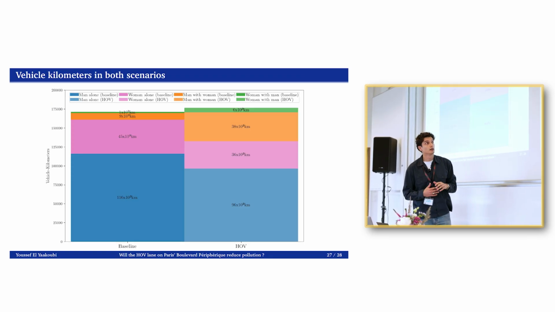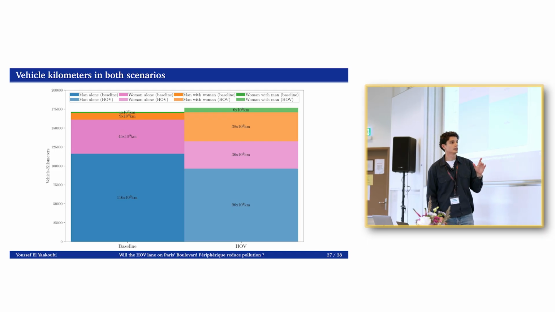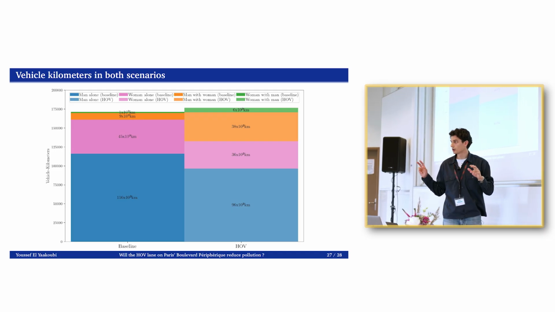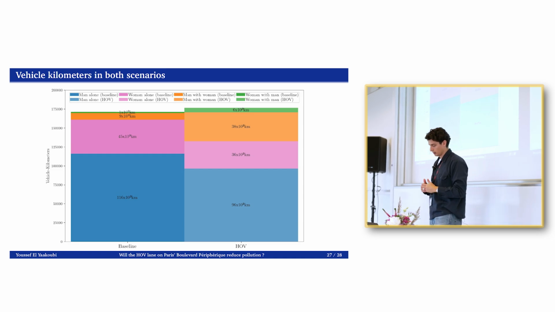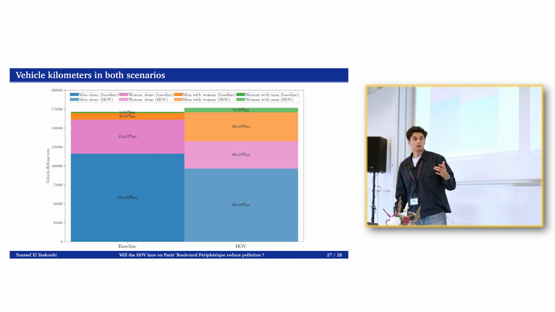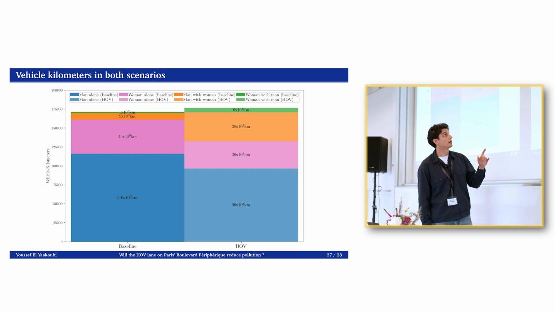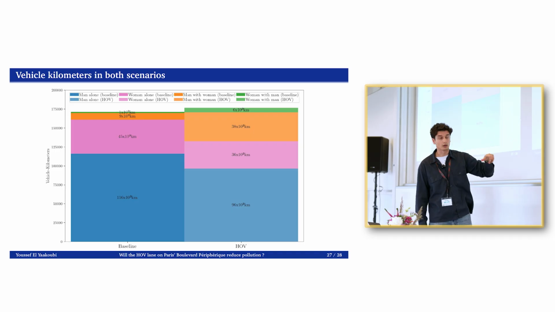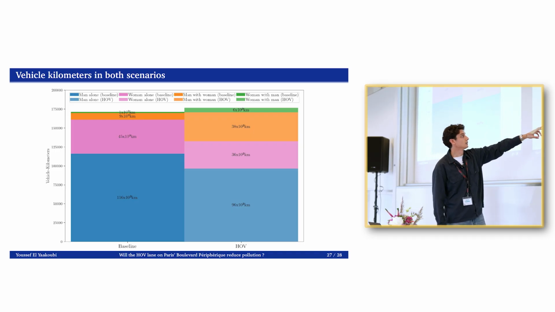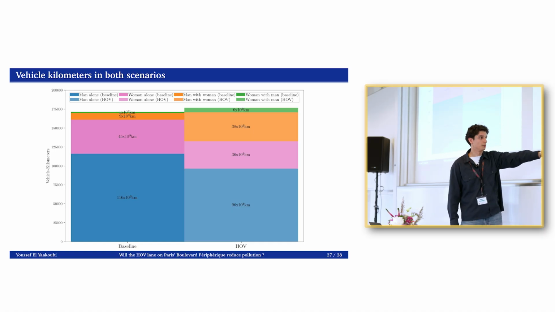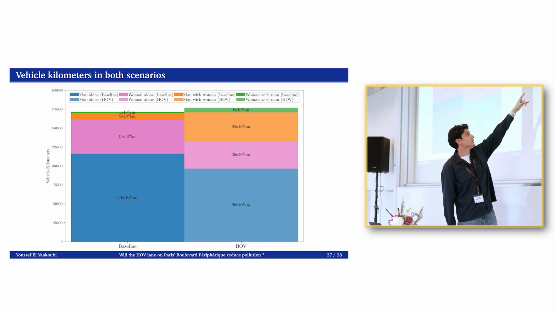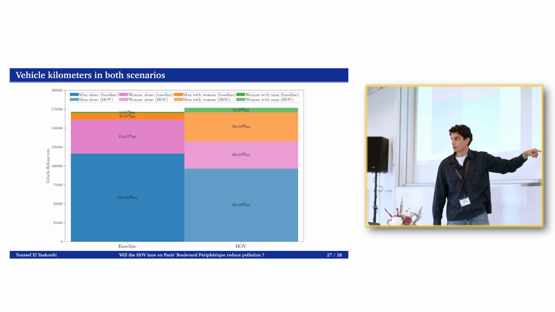Another interesting result is that here we represent the vehicle kilometers. So it's the sum of the kilometers made by each mode of the individuals. Here you can see that this blue and this pink is the man taking the car alone in the baseline scenario, and this one is the woman taking the car alone in the baseline scenario.